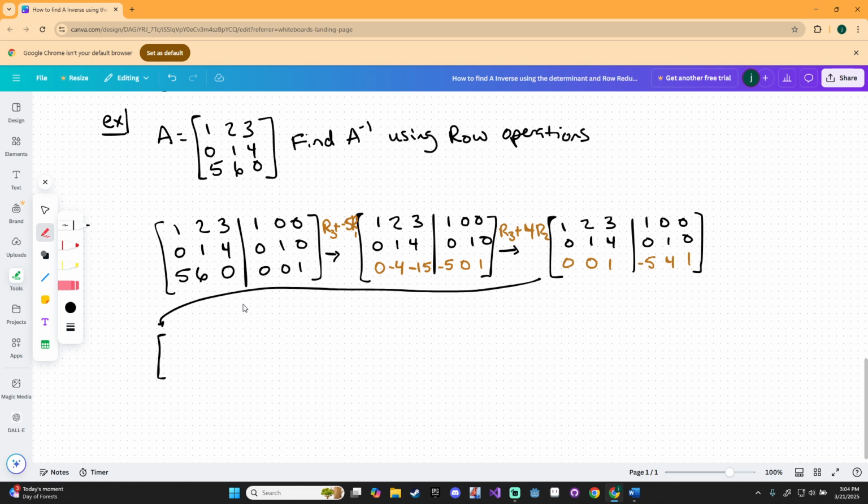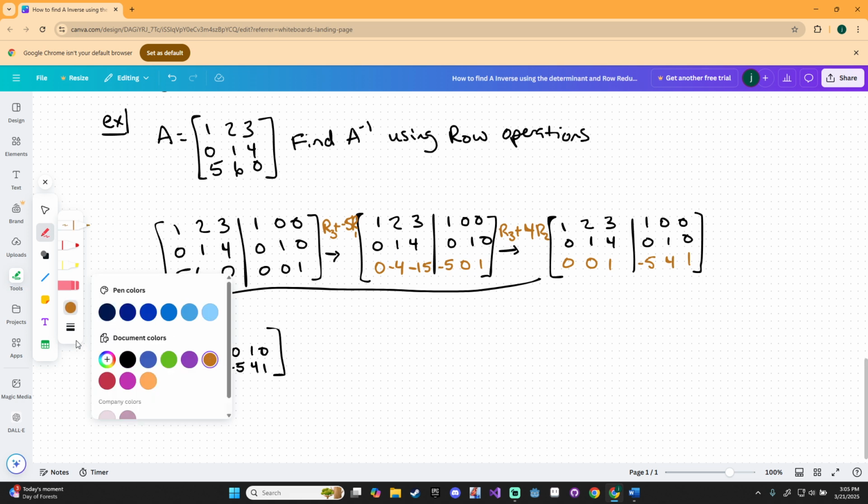So we'll start off with row 1. We're going to change row 1 by adding 2 row 2. Well, -2 row 2. So we'll keep R2 and R3 the same, and we will change R1.